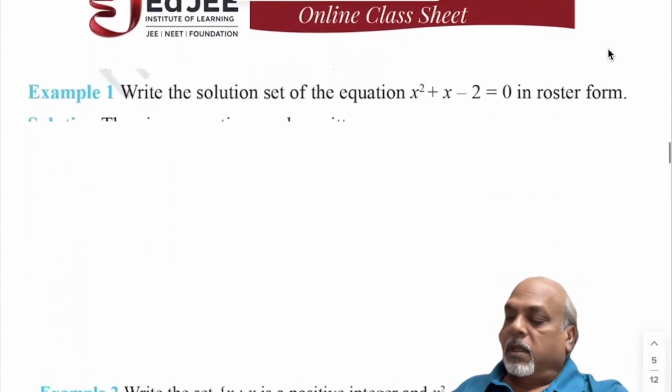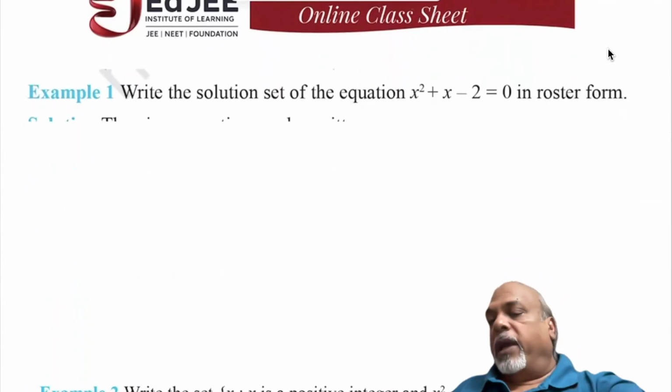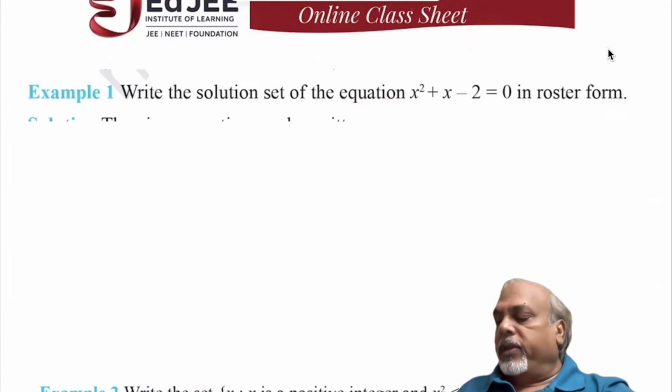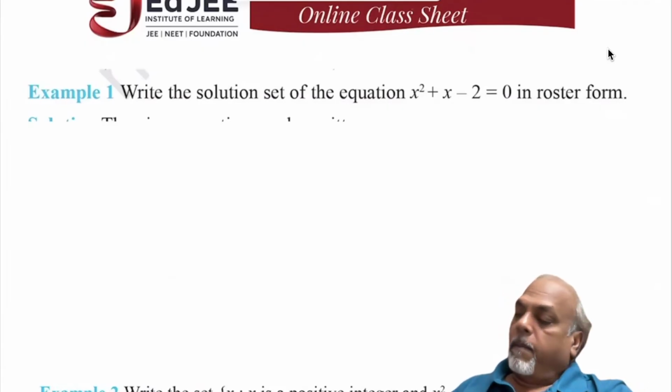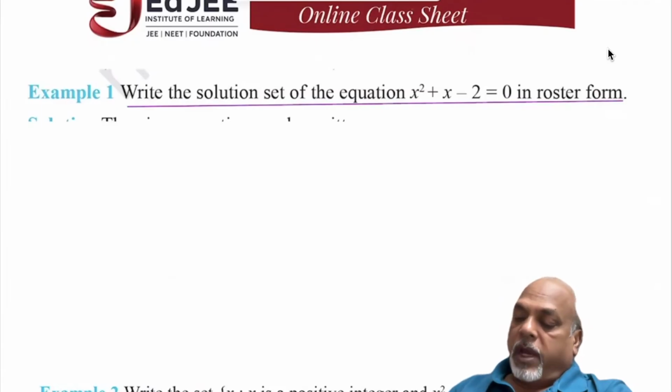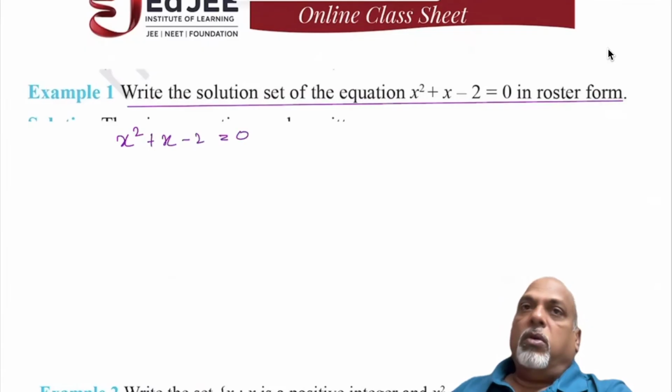This is an example which is given in the NCERT book. So let us take up all these things also so that you can understand. Write the solution set of the equation x square plus x minus 2 is 0. We can factorize it.